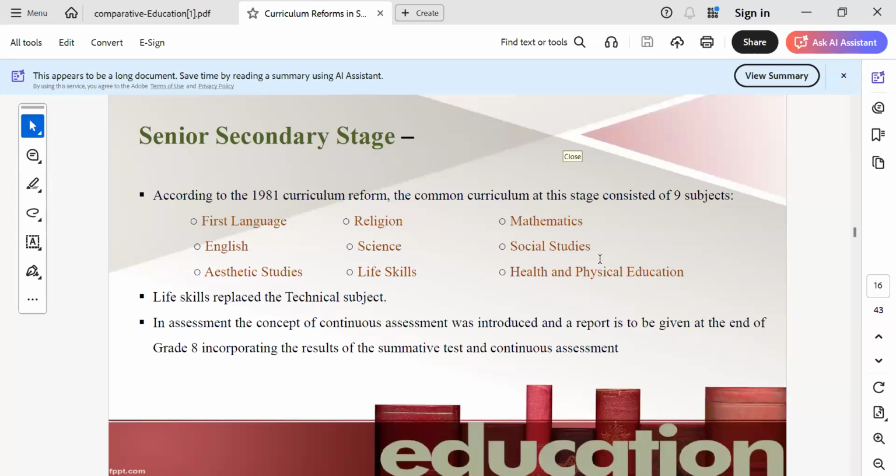So why continuous assessment? Can anyone explain? Especially in the developed countries, right? They are giving 60 marks for continuous assessment, only 40 for the final examination, right? And we have this A-level examination. The UK also has that A-level type exam.